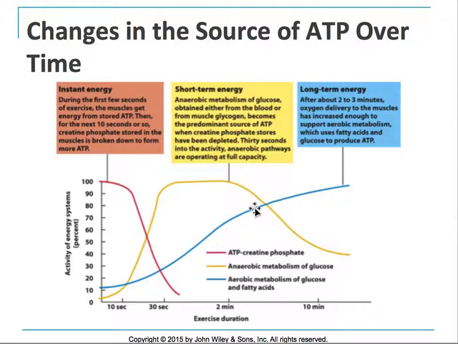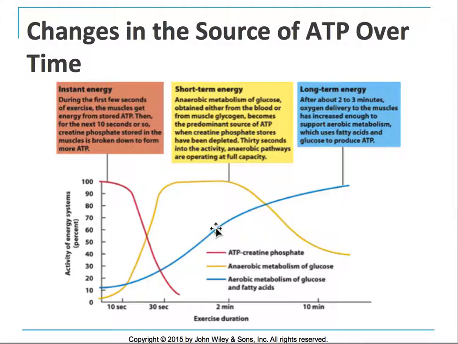So you'll notice that aerobic metabolism doesn't start immediately, right? It takes a little bit of time once you start being physically active. When you immediately start that activity, your body will send messages to your brain, letting it know, hey, we're increasing activity. And then it takes a little bit of time for those messages to be sent to your heart and lungs to increase the rate of oxygen being moved to your muscles.